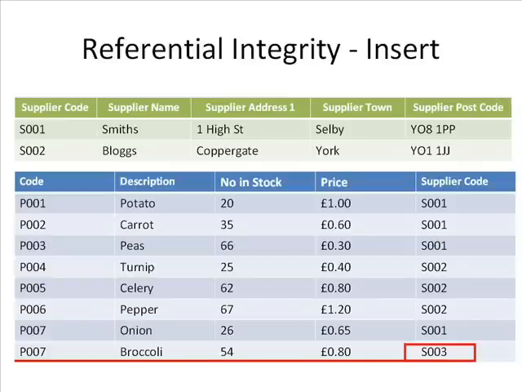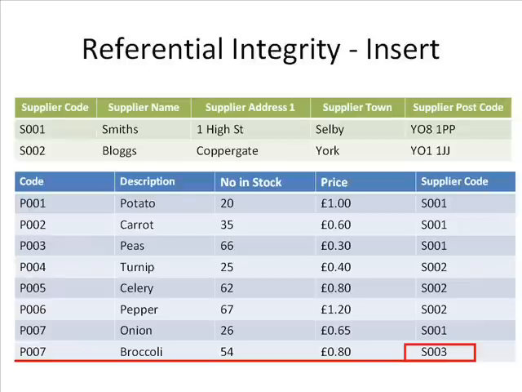As you can see in this example, if we look at the product table, that's the one coloured blue, we've tried to enter a record for the product code P007, which is broccoli. But we've said that the supplier code for this particular product is S003. But as you can see from the green supplier table, there is no record starting S003 as a supplier code.